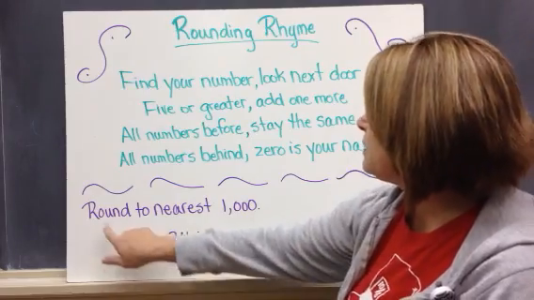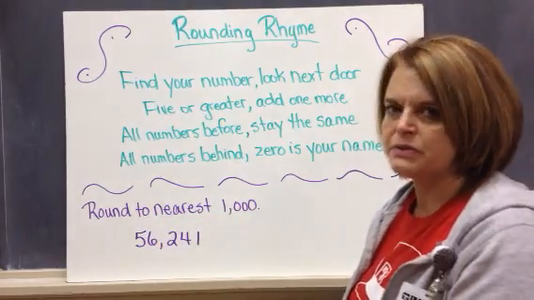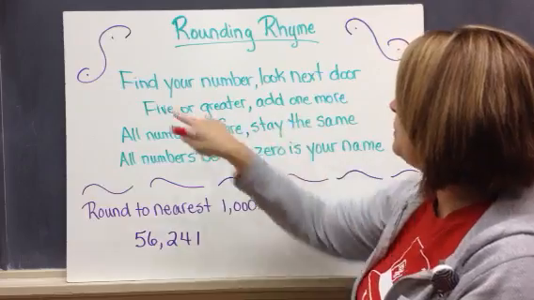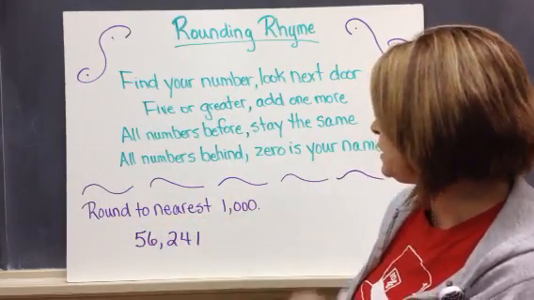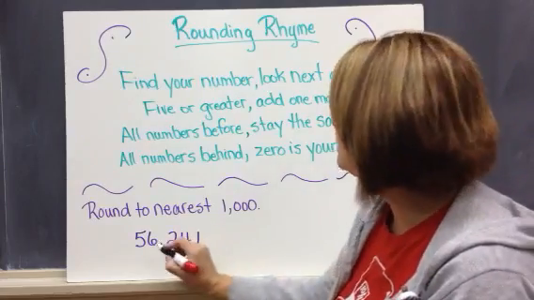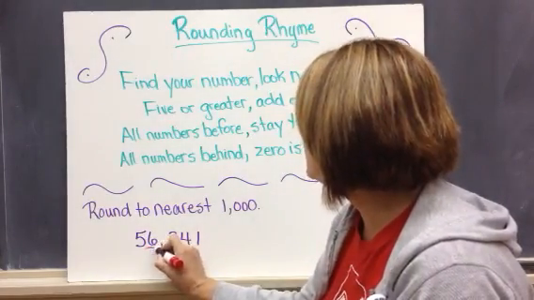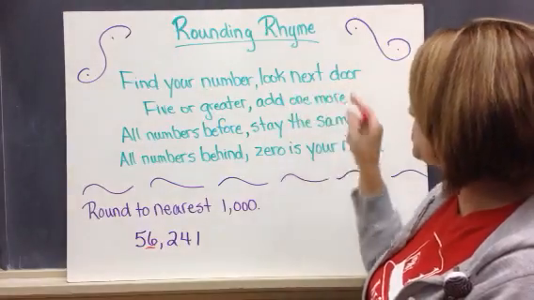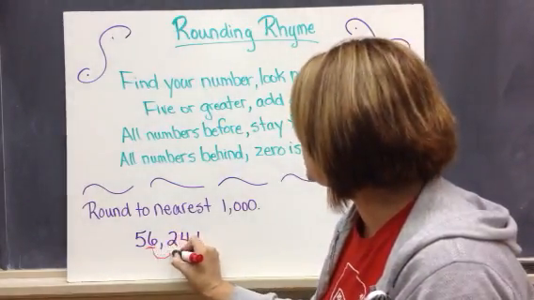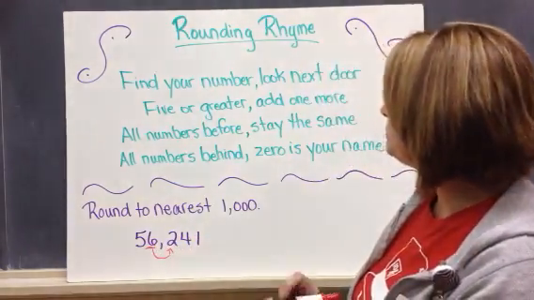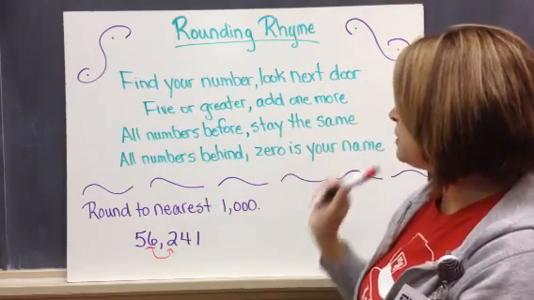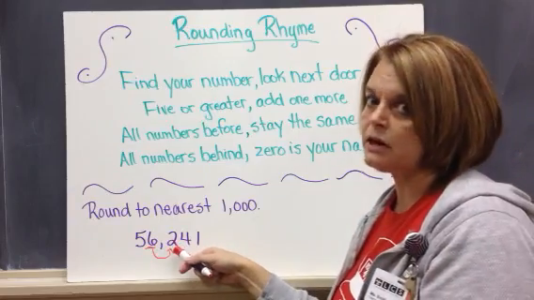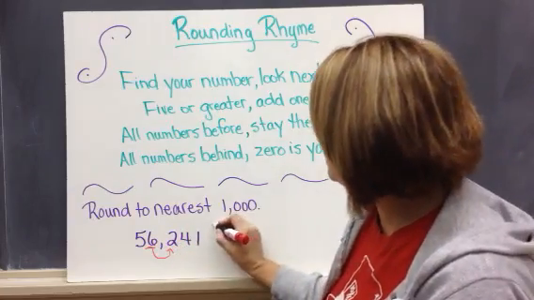I have a problem here, and it says round to the nearest thousand. All right, so let's use the rhyme. Find your number. So if I'm rounding to the nearest thousand, what number's in the thousands place? 6. Look next door. So who's next door? 2. 5 or greater, add 1 more. 2 is not 5 or greater, so I'm going to round it down.